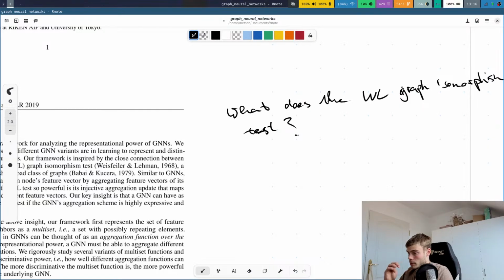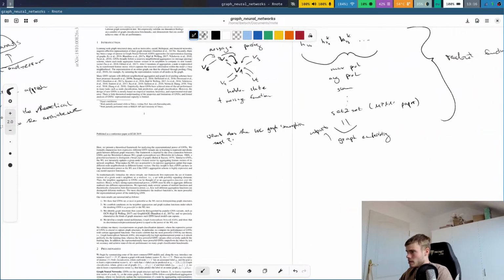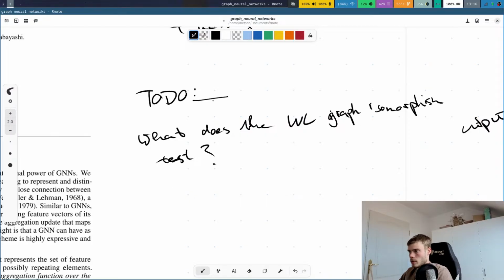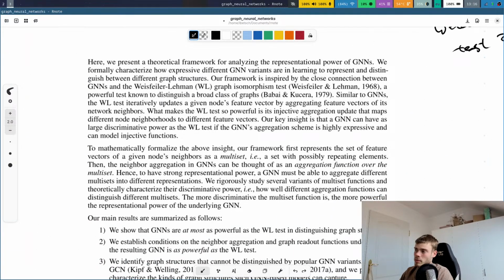Maybe we can read it, maybe it's readable, maybe not. But I think this is something we should do. So the test is probably an algorithm to test whether two graphs are isomorphic. That is, the one graph is just a mapping of the other graph where the edges stay the same. Okay.